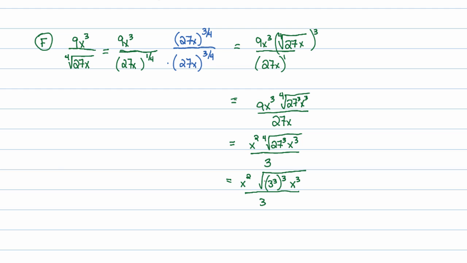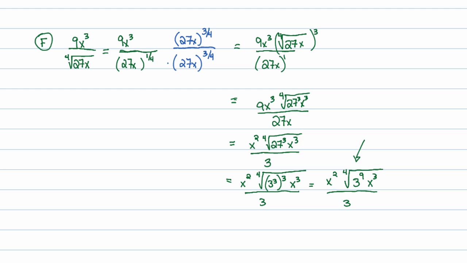Oops, that was the fourth root. So this will be x squared times the fourth root of 3 to the ninth power times x cubed all over 3. And now we're going to just do that idea here that 4 goes into 9 twice with a remainder of 1.